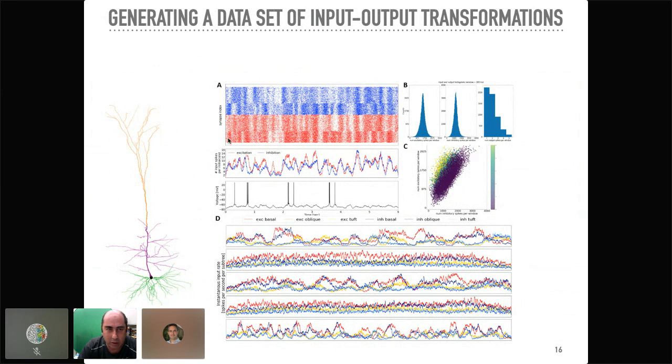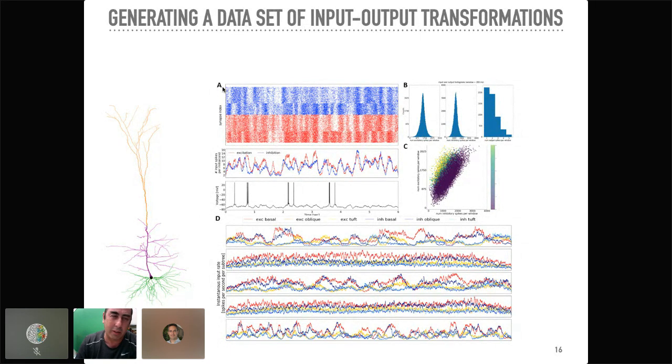And then we can ask a neural network to try to find the mapping between these spike trains and this output. What we want is for the network to predict, at any millisecond, the membrane potential and whether there is a spike or not in the neuron, at millisecond resolution. And this is a giant task.